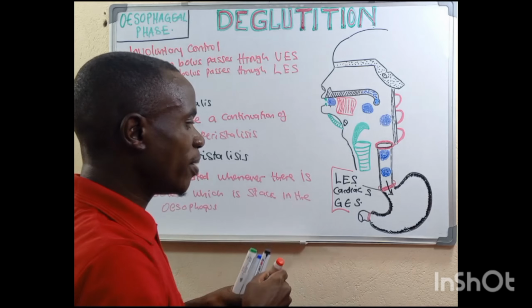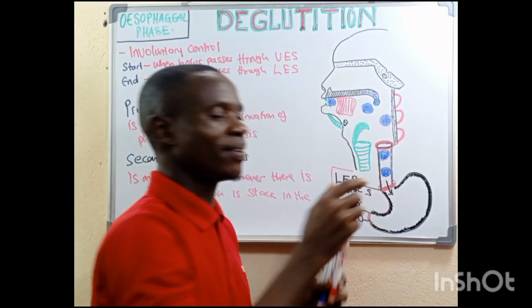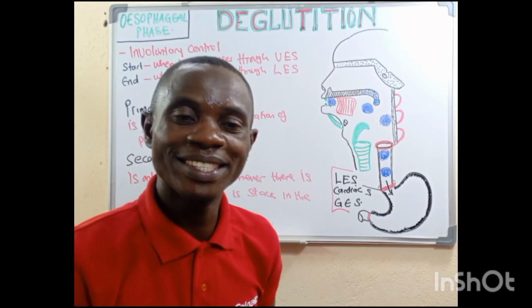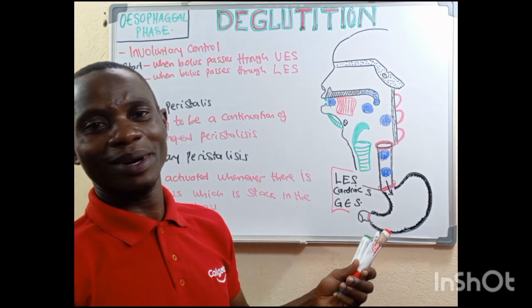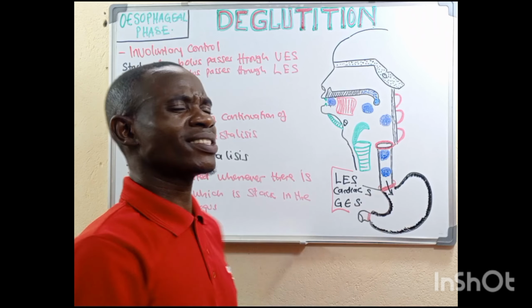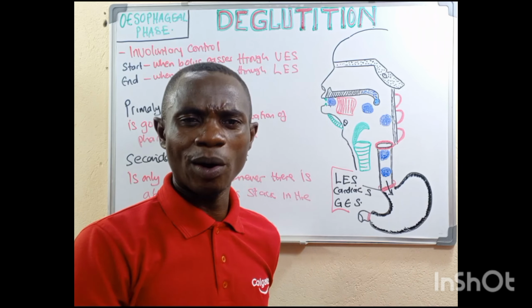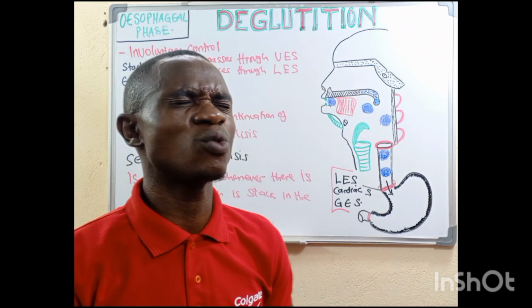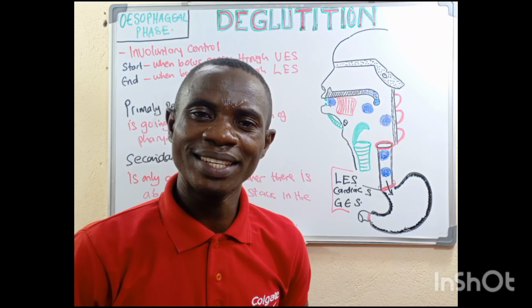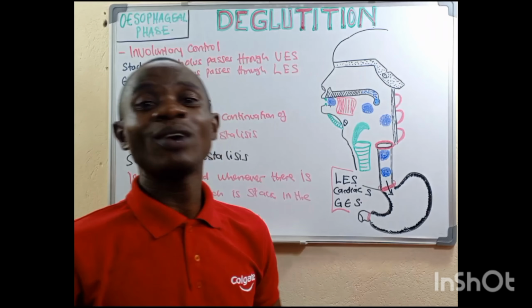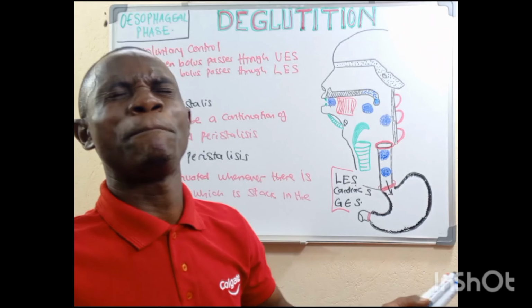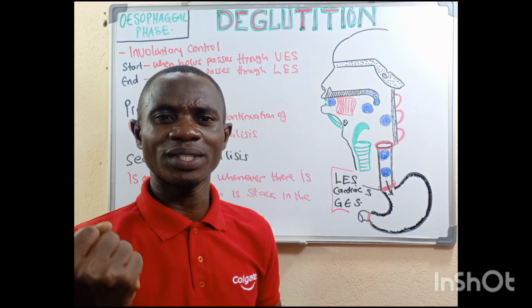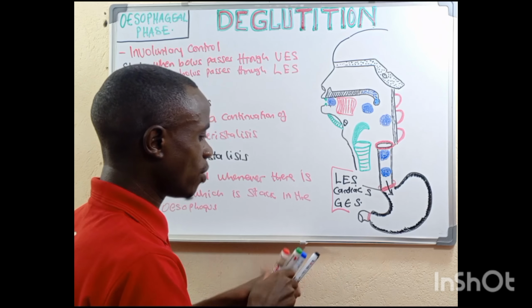So now the moment the bolus bypasses this sphincter, then we finally say bye-bye to the bolus. However, this bolus is now going to go into another world, and this world is very dangerous. You know why I'm saying that it's dangerous? It is going to be suffering with gastric juice, and the powerful content of the gastric juice is the hydrochloric acid.